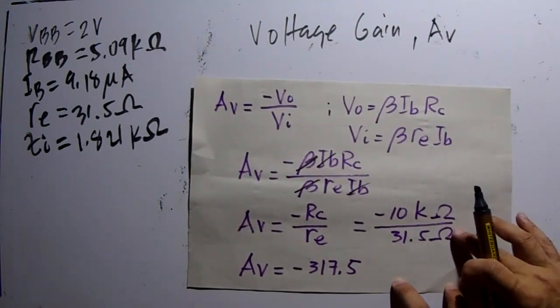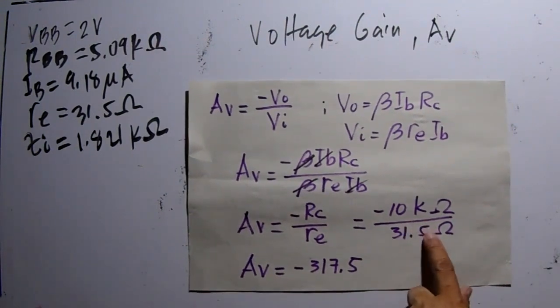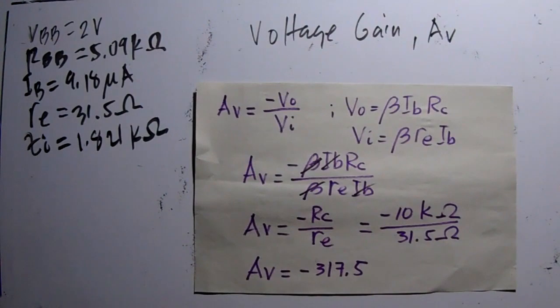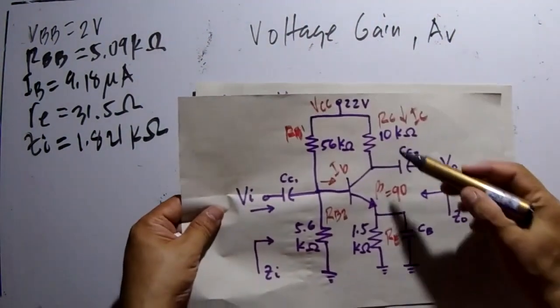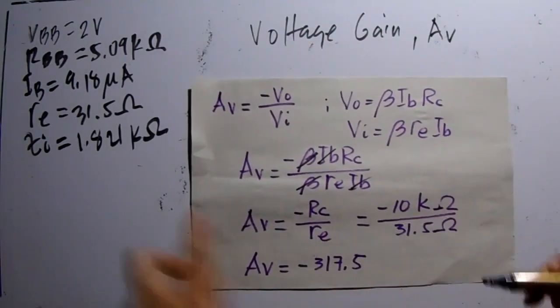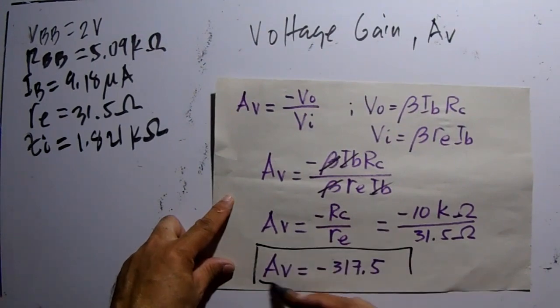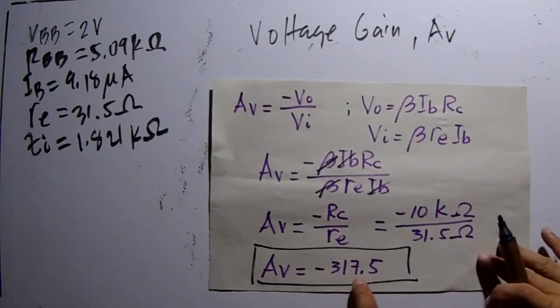And since RC is equal to 10 kilo ohms from our original circuit, RC is 10 kilo ohms. So therefore our voltage gain is simply equal to negative 307.